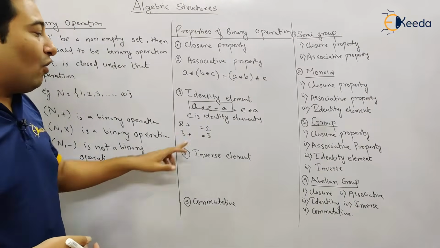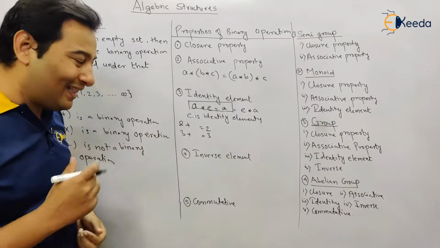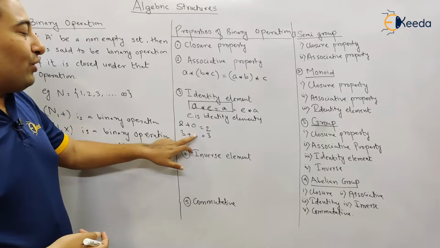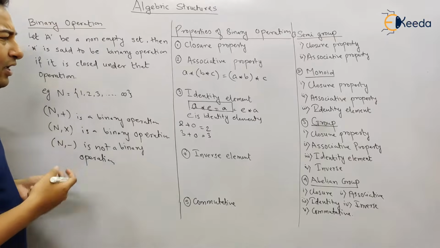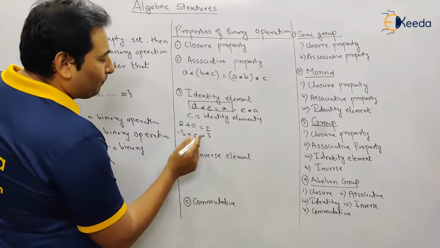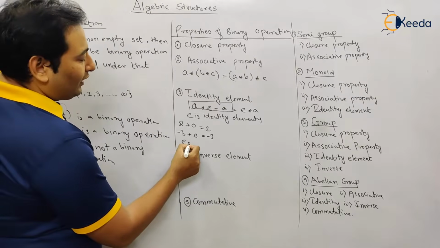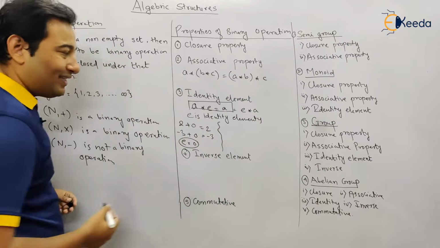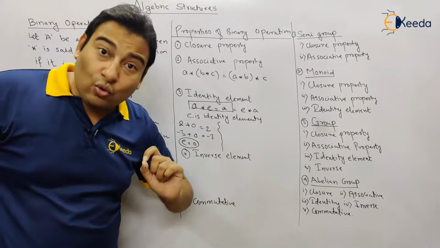Now please tell me, what should I write here so that I will get the answer 2 and the answer 3? If I write 0 here, then 2 plus 0 equal to 2, 3 plus 0 equal to 3, or in fact you can take negative numbers also. So in short, E is equal to 0. So what is the identity element with respect to plus? Identity element with respect to plus is 0.